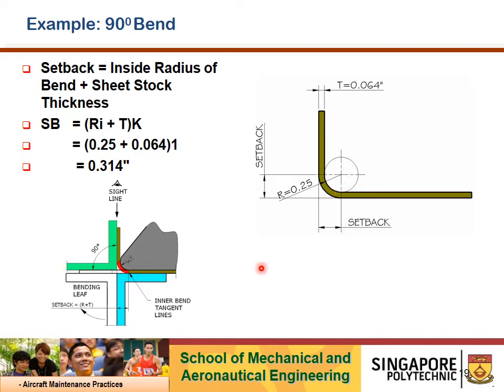To calculate my setback, I know that it is the bend radius plus thickness times K. If it's a 90-degree angle, I know from the previous table that the K value is 1. So substitute in the variables where Ri is 0.25 plus the material thickness 0.064 times 1. In this case, my setback distance measured will be 0.314 inch.